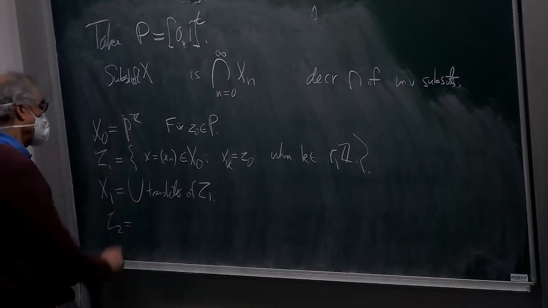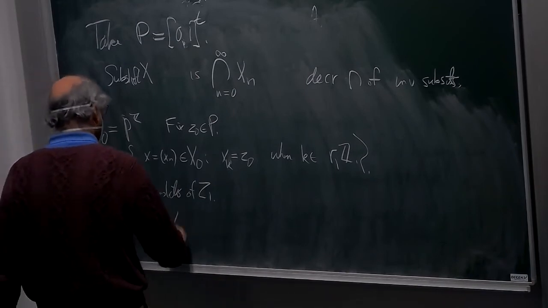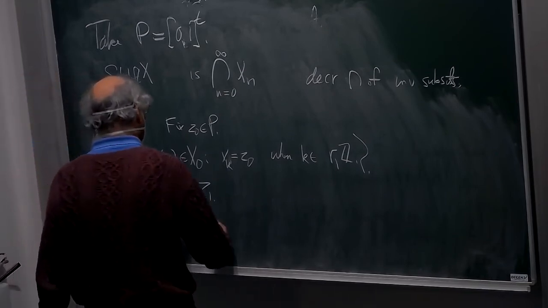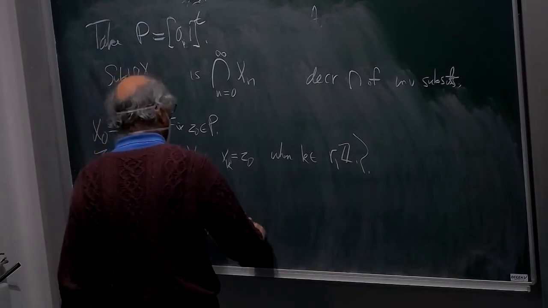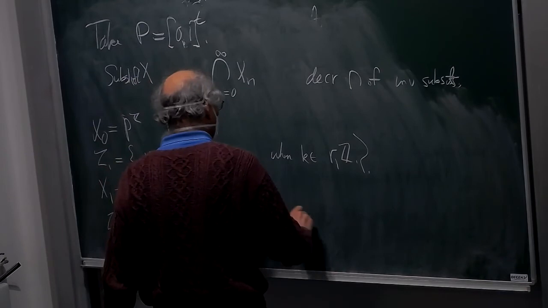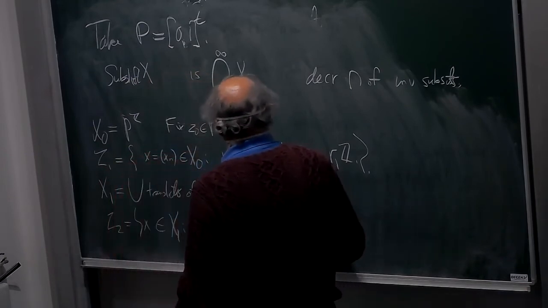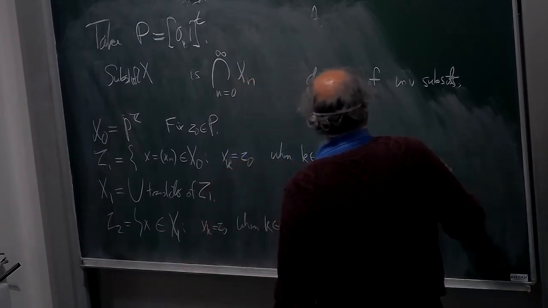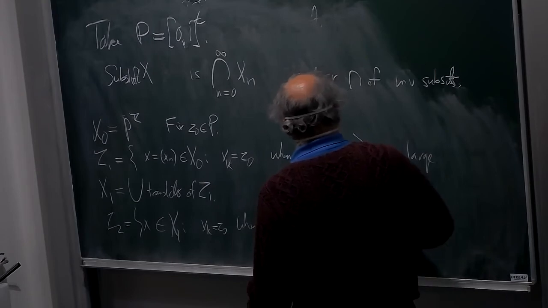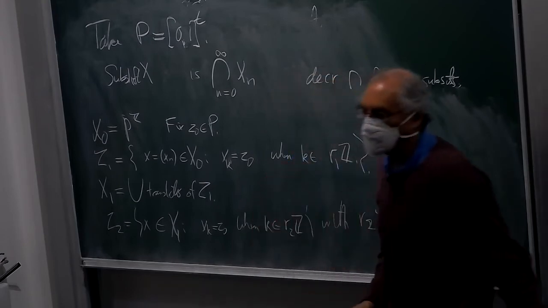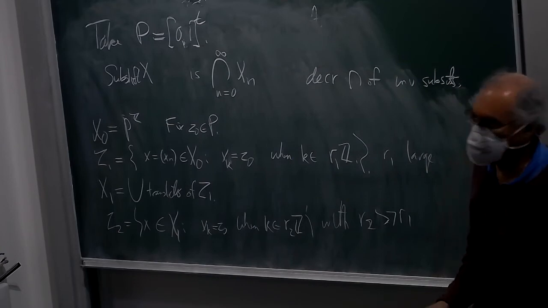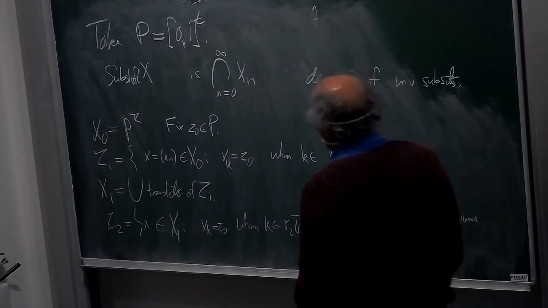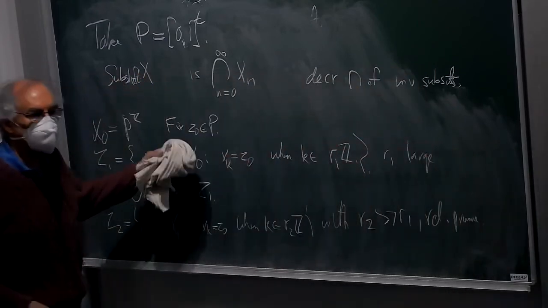Z2 is the set of x in X1 with xk equal to z0 when k is in R2 Z, with R1 large and R2 much bigger than R1, and it should be relatively prime. Okay, I'm not sure this is what I remember of the construction.